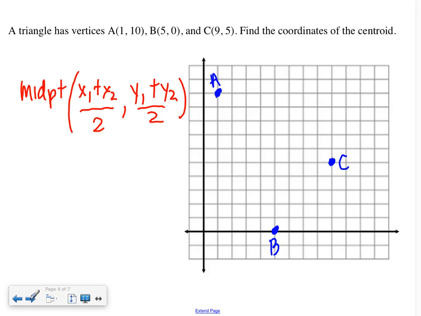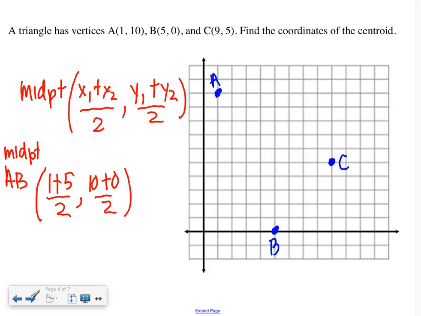Let's find the midpoint of AB. Hopefully you get 3, 5.